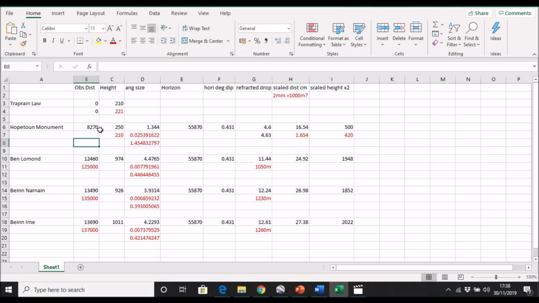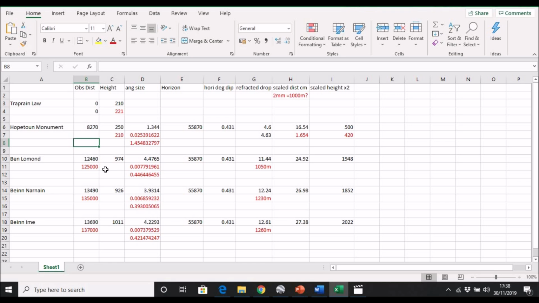First mistake. Distance to Hopeton Monument is correct. Height of Hopeton Monument, Gleem has 250 meters, it's actually 210 meters. Distance to Ben Lomond, Gleem has 12,460 meters, it is 125 kilometers away, or 124.6 kilometers away.